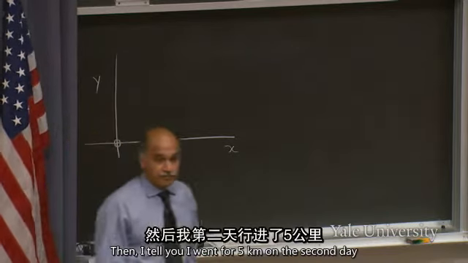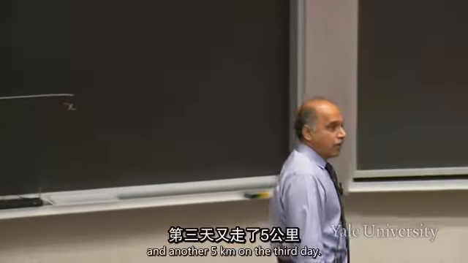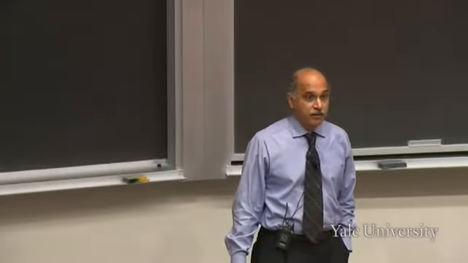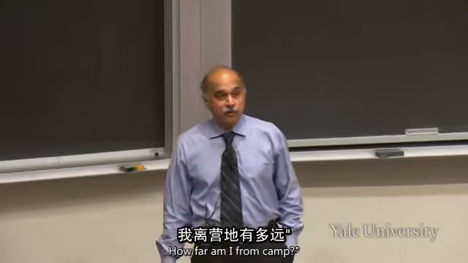Then I tell you, I went for 5 kilometers on the second day, and another 5 kilometers on the third day. Then I ask you, where am I? How far am I from camp?